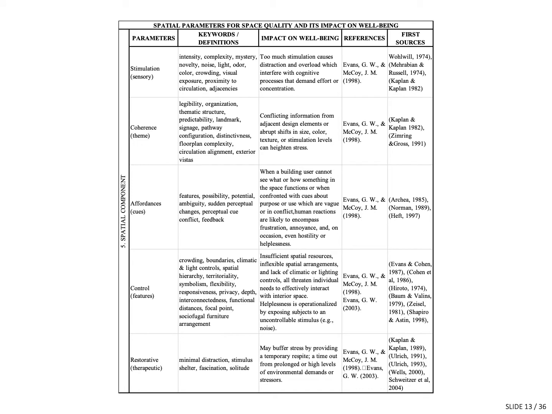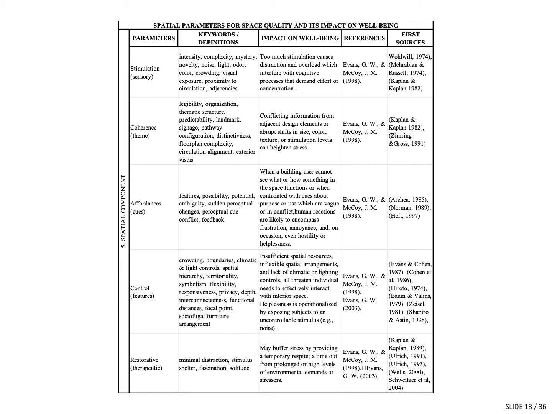In the spatial component, there are these parameters: stimulation, coherence, affordances, control, and restorative. Stimulation is the sensory experience in a space. Too much stimulation causes distraction and overload, which interfere with cognitive processes, and it demands a lot of effort and concentration from the brain.